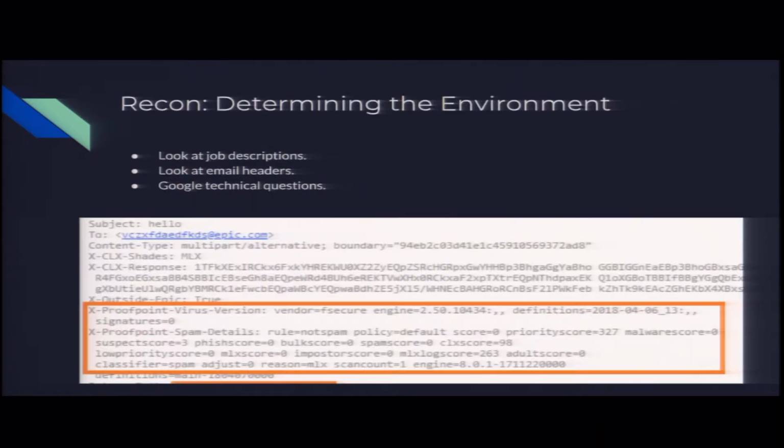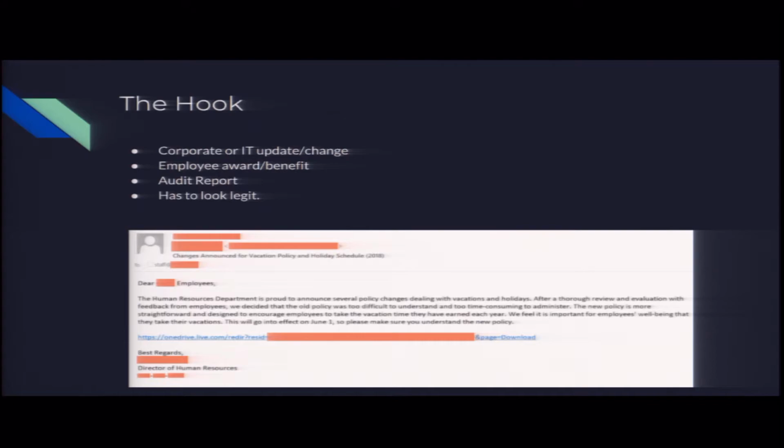So now that you have your environment, you set up your lab, you have everything ready, it's time to create the actual email. There's all kinds of ways you can do it. Here are some tried and proven ones. Basically, you want to prey on importance, fear, and privilege, as well as urgency. So here we have some kind of holiday schedule change.